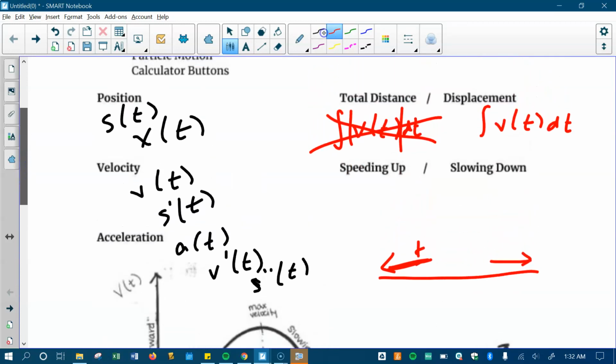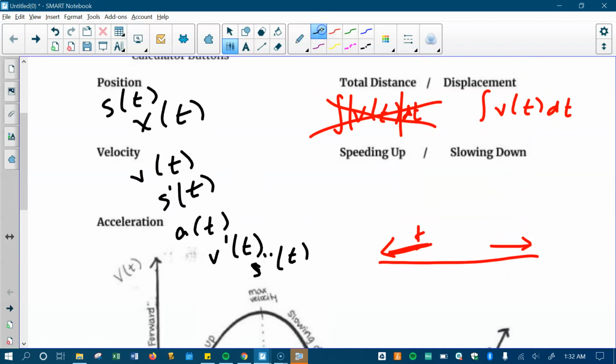Speeding up and slowing down is a huge one that always comes up every year. I did this demonstration in my classes. I think Schwartz also did, maybe not so live. Speeding up is basically if you are traveling in a positive direction and then a force comes and pushes from behind you, you end up going faster.